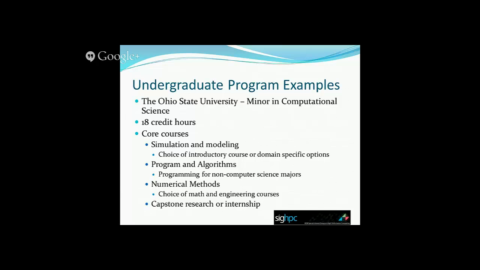It's 18 credit hours. The core courses really focus on those competencies that I talked about just a minute ago. There's a simulation and modeling requirement, a programming and algorithm one, a numerical methods, and then a capstone research or internship experience. Now in the simulation and modeling, there actually is a choice of an introductory course or domain-specific options.